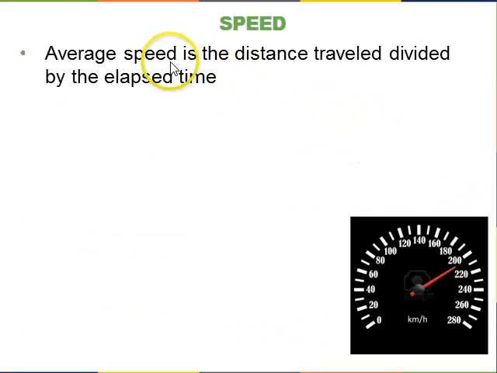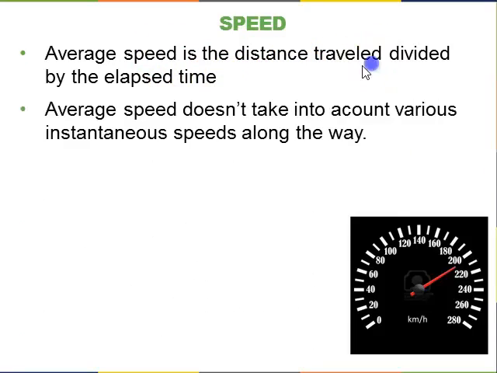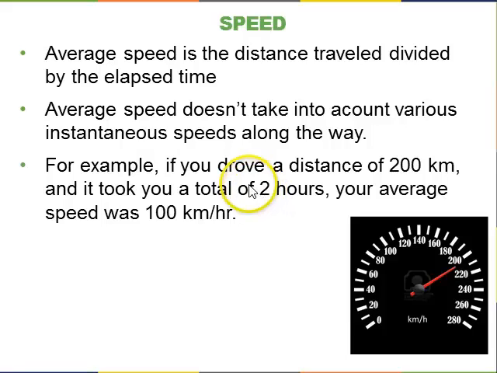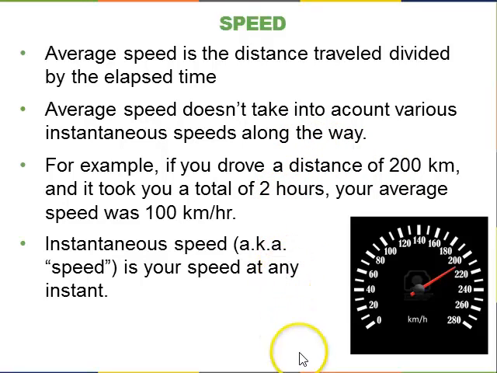So average speed is the distance traveled divided by the elapsed time. And average speed doesn't take into account various instantaneous speeds along the way. For example, if you drove and you know the total distance on your odometer was 200 kilometers and it took you 2 hours, then your average speed was 100 kilometers per hour. Now that doesn't mean that your instantaneous speed was 100 the whole time.